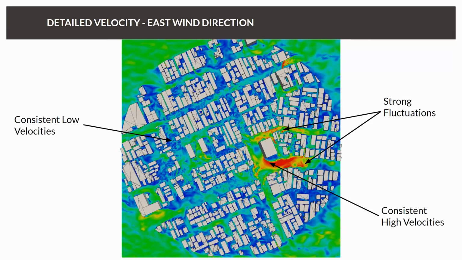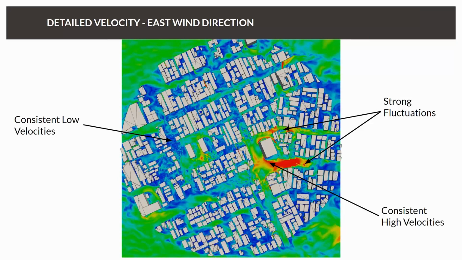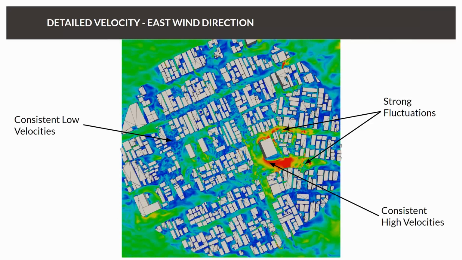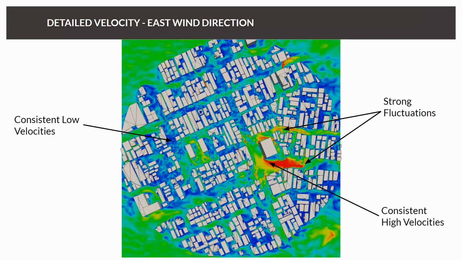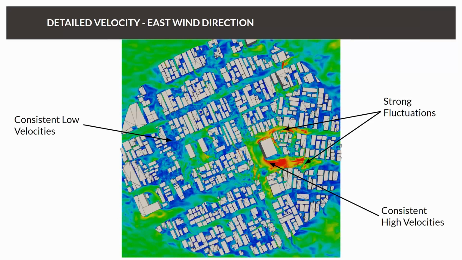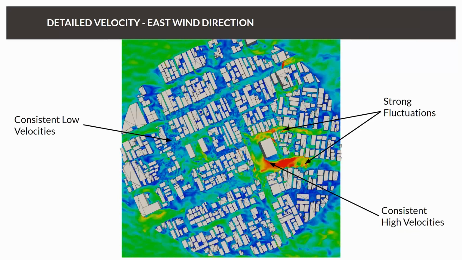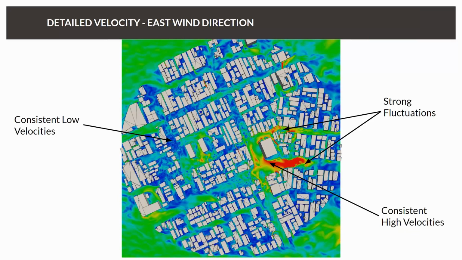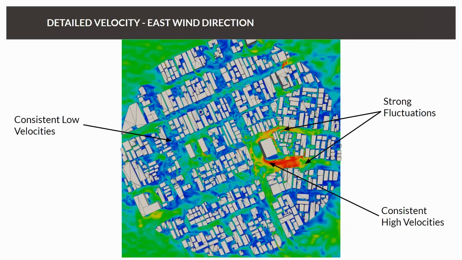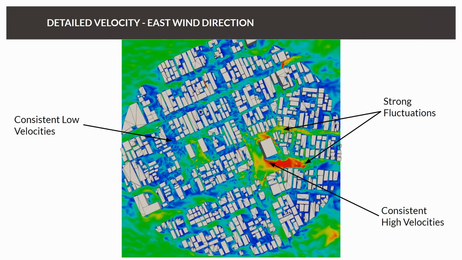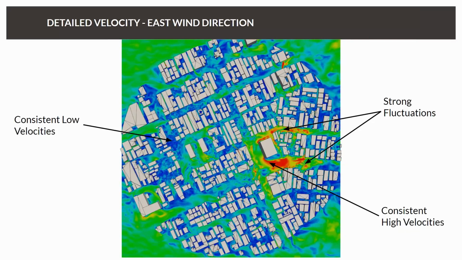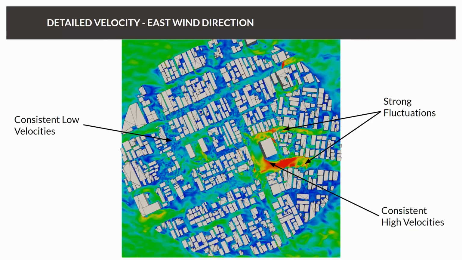We've got the time-dependent signals for each point, so that allows us to analyze the transient data. So would that be peak or minimum velocities? Or could it be root mean square results, or even standard deviation? It allows us to get a lot of information about each individual point.